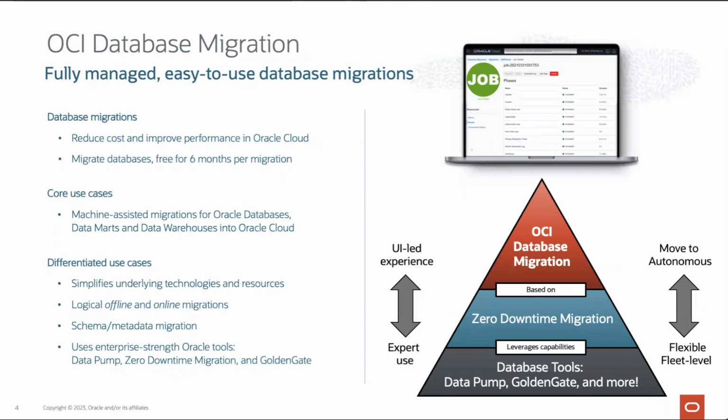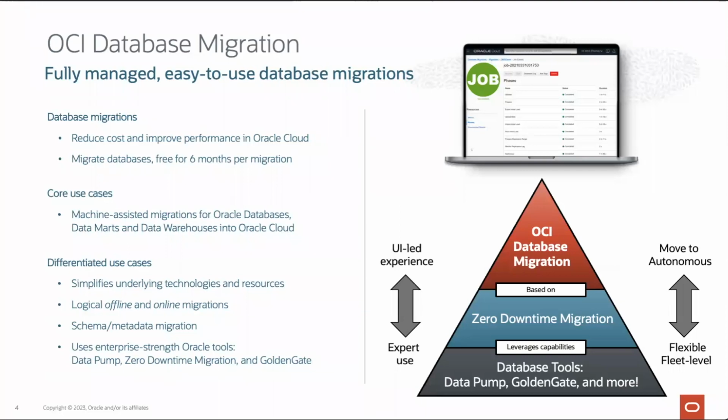So we have not reinvented the wheel or created some new technology to migrate the database. We really use the existing technology we have today, and Database Migration uses those tools. You can think of DMS more like a migration orchestrator or scheduler.